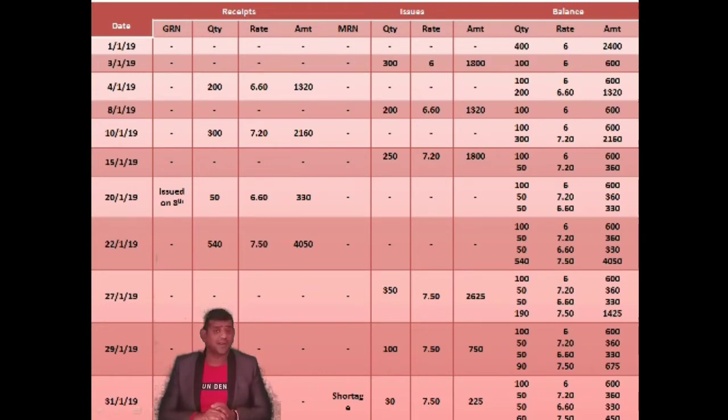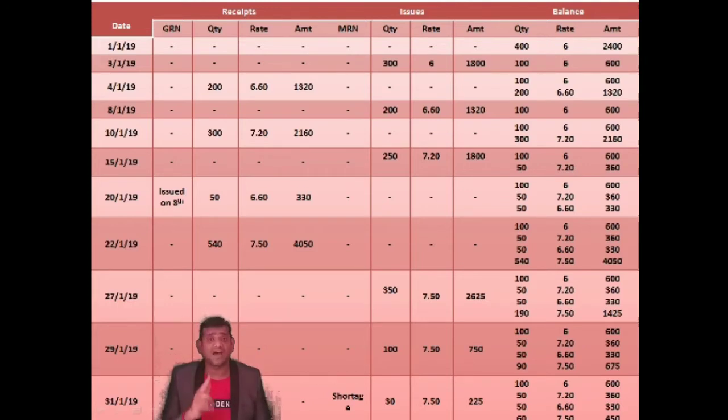After that, we move to the next date, 8th January 2019. What happened on 8th January? There was an issue. Receipts column, GRN nil, quantity nil, rate nil, and amount nil. Under issues, MRN is nil, but quantity issued on 8th is 200 units, at 6.60. Why am I taking 6.60?